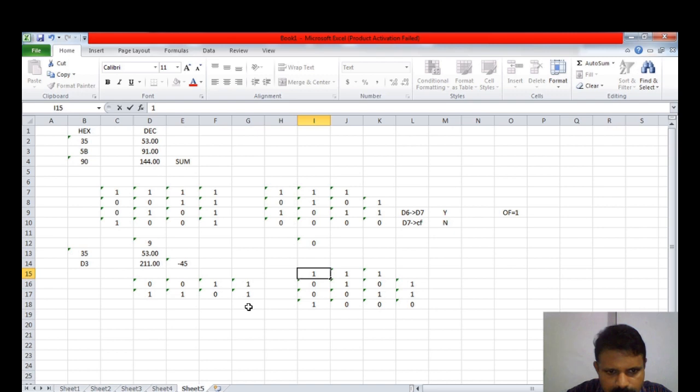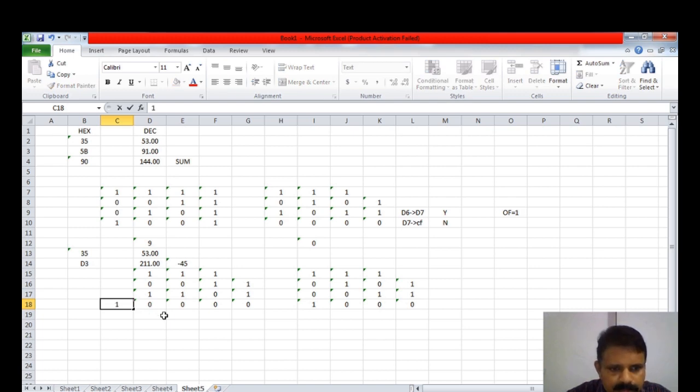Here 1 plus 1 is 0, carry 1; 1 plus 1 is 0, carry 1; 1 plus 1 is 0, carry 1; 1 plus 1 is 0, carry 1.